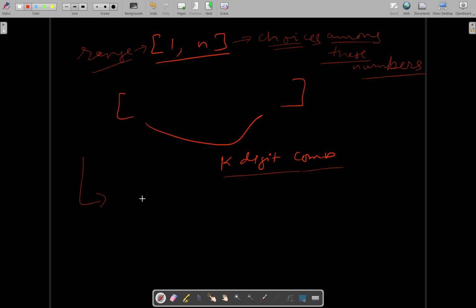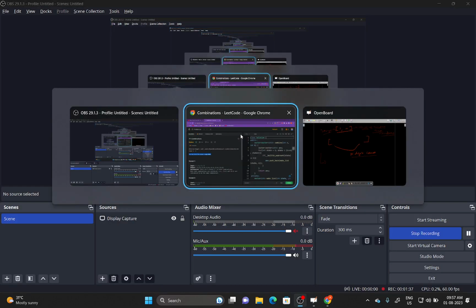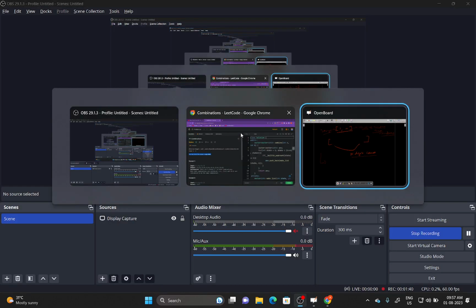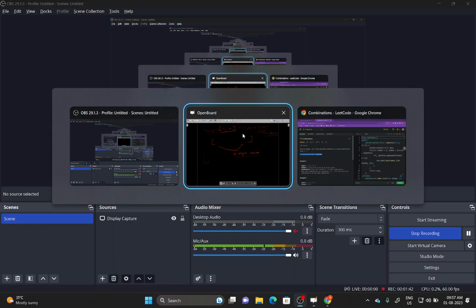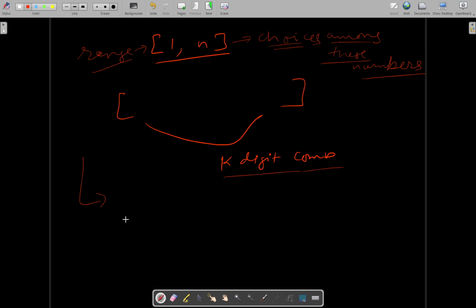Now, the thing to be noted is when you will be forming the combinations, for example, 1 comma 2, here k was 2 and n was 4. So you had choices from 1 to 4, and you have to form two digit combinations.